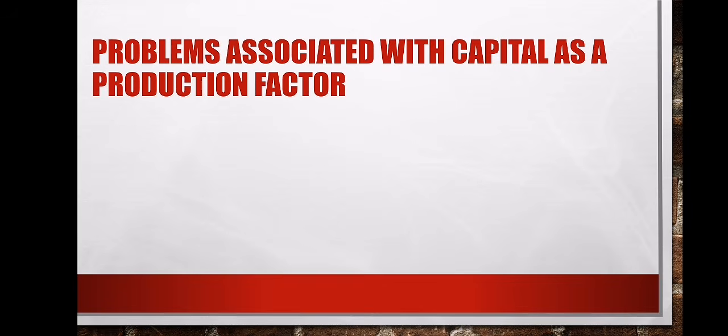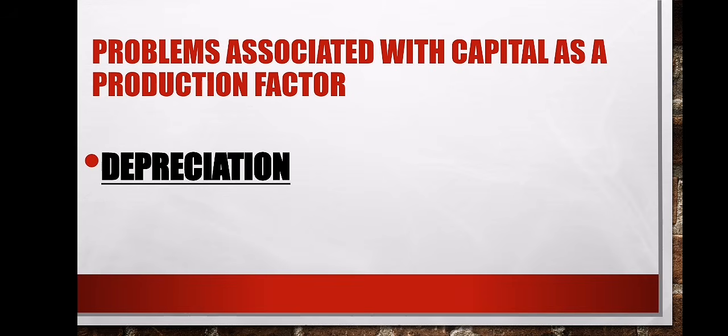We also have another problem, which will be the second last. We call it depreciation. Most goods, especially the movable goods, they depreciate. Even some of the fixed, especially building, they depreciate.